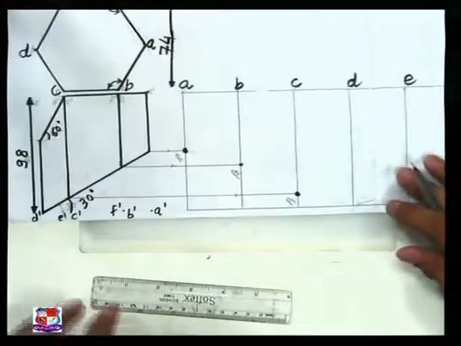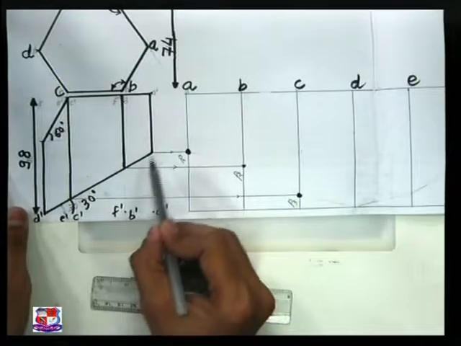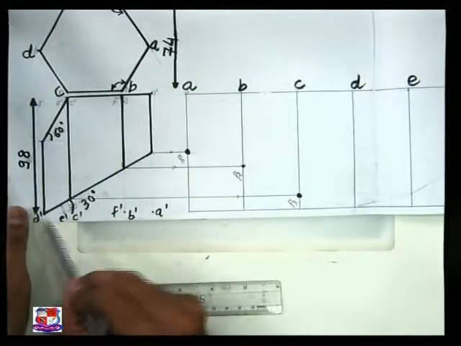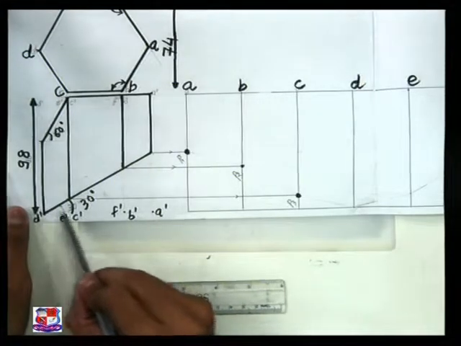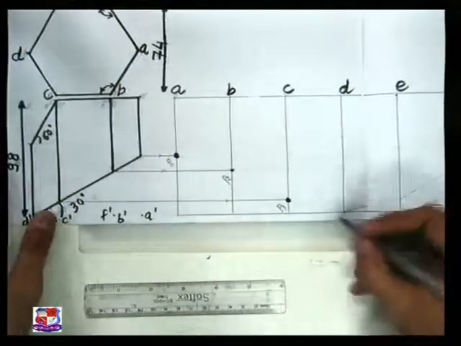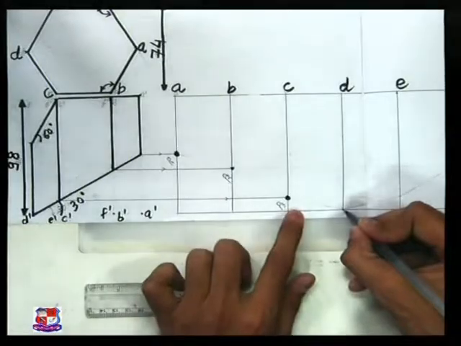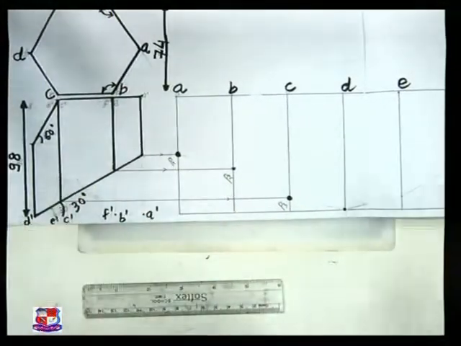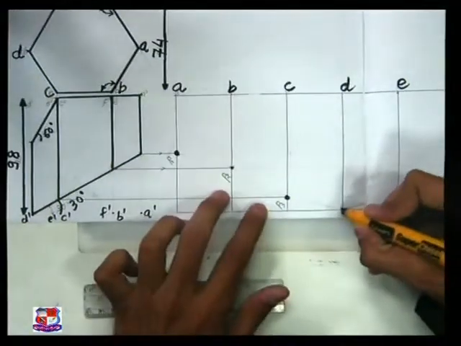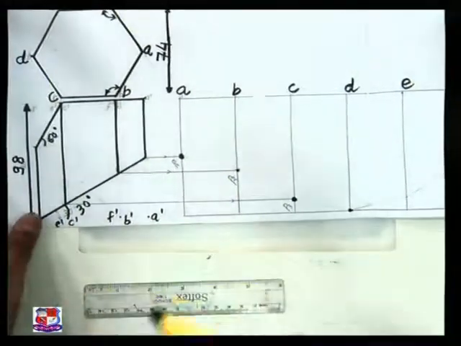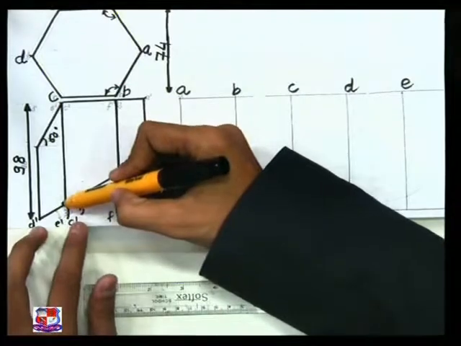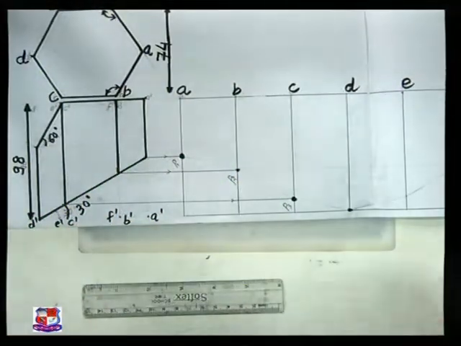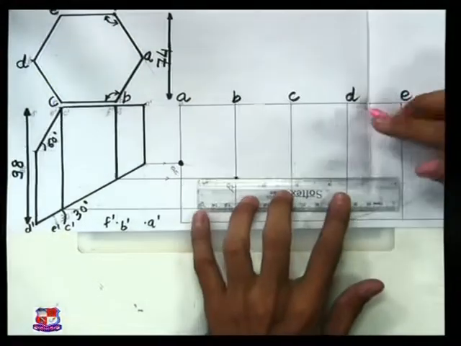Similarly, where would point P4 be? We started from here, 1, 2, 3, 4, the point is here. It is on D dash bottom point. So transfer that point from here, and it will cut D at this point. So here is point P4, somewhere here. Now about P5, where will P5 be? Let me come here, 5 is on E, the point is here. So from here, draw a horizontal line and transfer that line to E, like this.